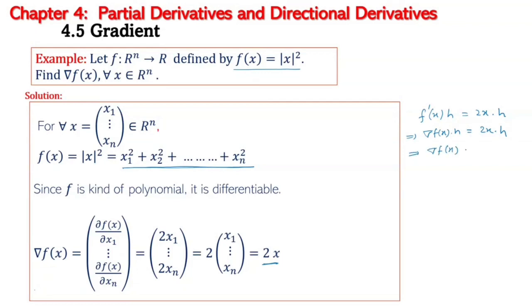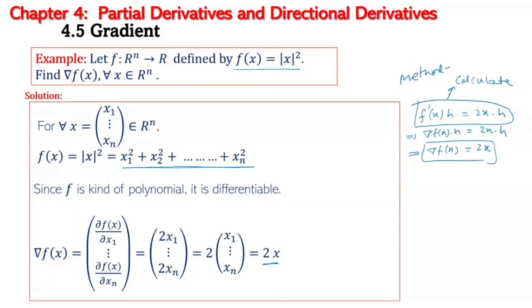Comparing this, we get gradient of f(x) equal to 2x. This way also you can show it, but for that you have to calculate the derivative using the definition of the derivative. Then you can apply this theorem. So this we can say is method 2, but method 1 is the easy method.